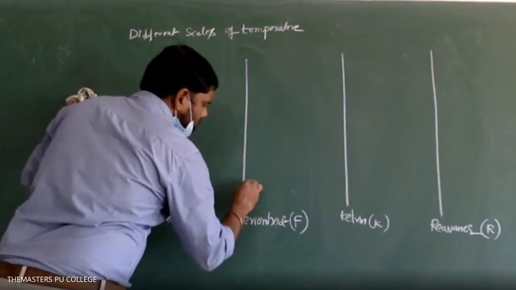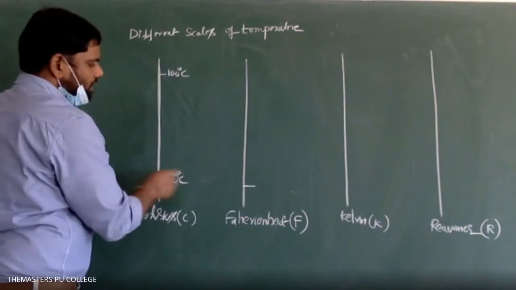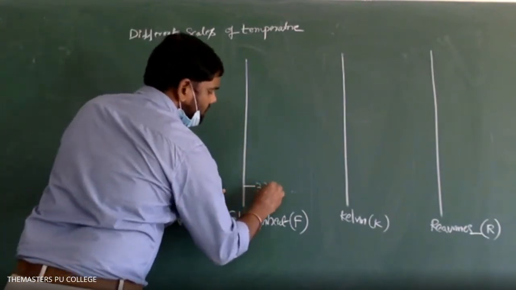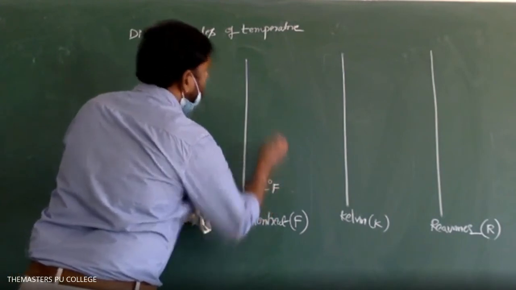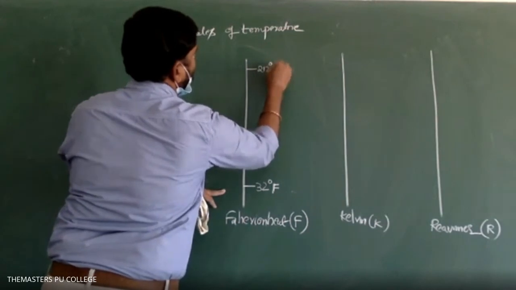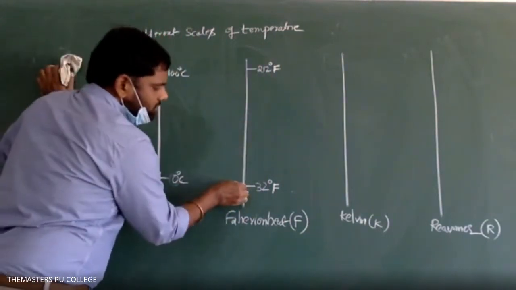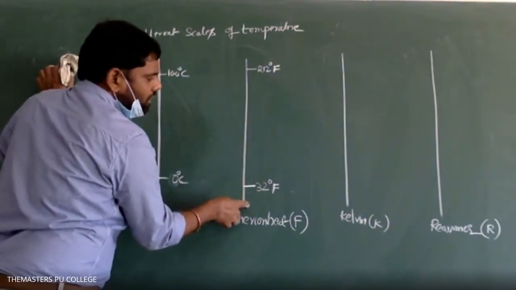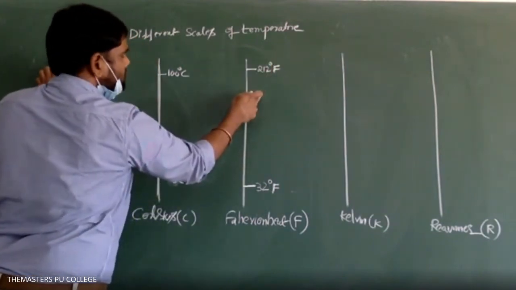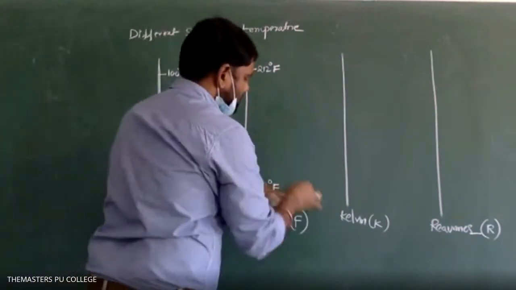On the Fahrenheit scale, the same will happen at 32 degrees Fahrenheit and 212 degrees Fahrenheit. According to this scale, the ice will start melting at 32 degrees Fahrenheit and water will start boiling at 212 degrees Fahrenheit. The next one is Kelvin scale.